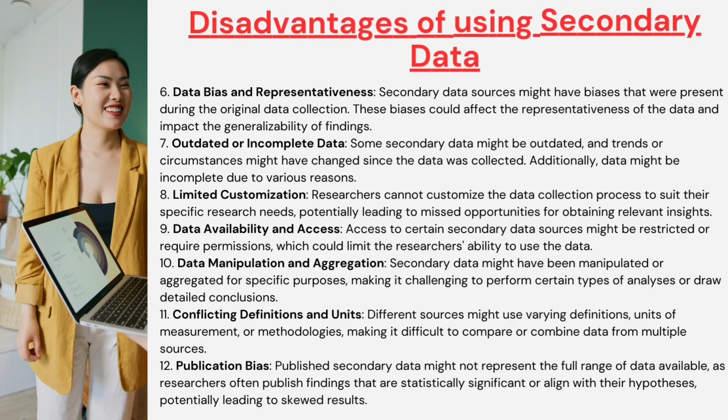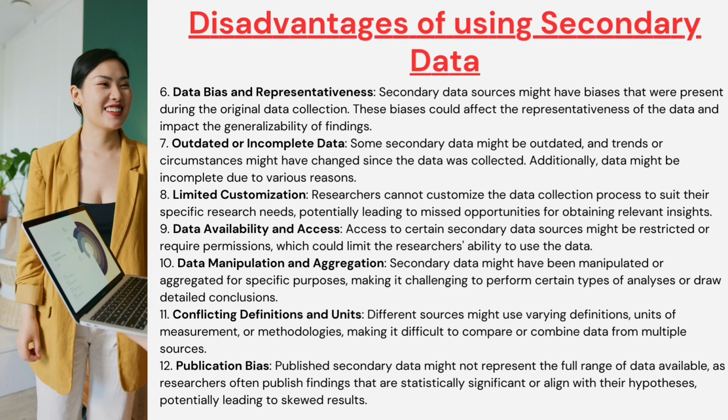Data bias and representativeness. Secondary data sources might have biases that were present during the original data collection. These biases could affect the representativeness of the data and impact the generalizability of findings. Outdated or incomplete data. Some secondary data might be outdated, and trends or circumstances might have changed since the data was collected.